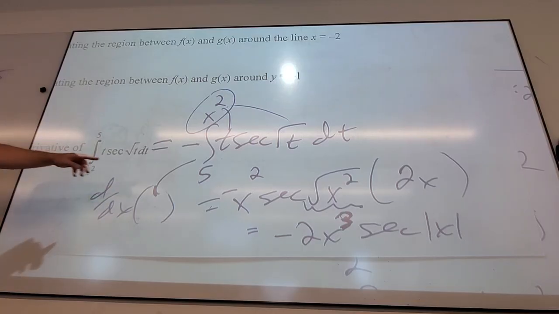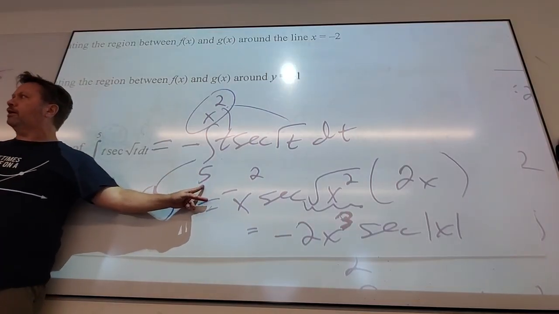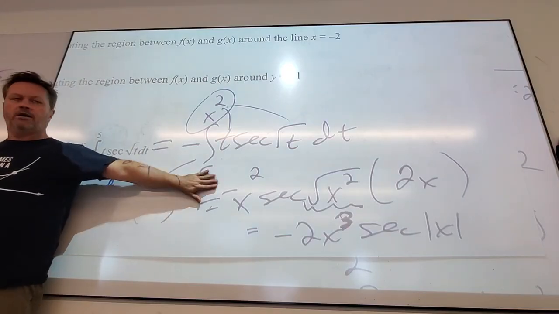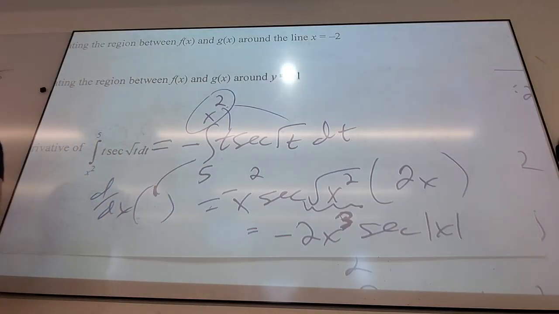It does not matter. I could put 58 trillion, 0.97, or negative pi. As long as it's a constant, it doesn't matter what it is. This derivative would just be 0.